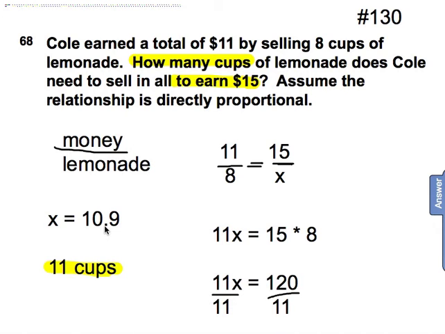He wants to earn $15. So if he only sells 10 cups of lemonade, he's not going to earn that $15. However, if he sells 11, if he sells more than he has to, he's going to make the $15 and some more. So you have to look back at the problem and try to figure out how to round in these cases.